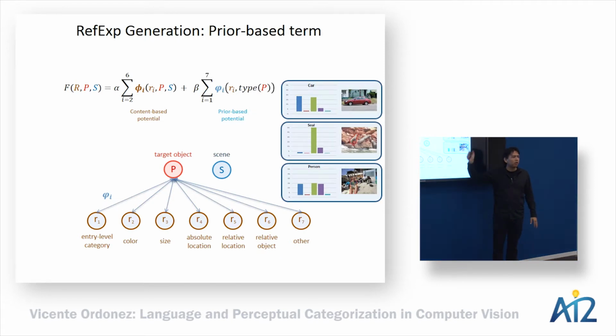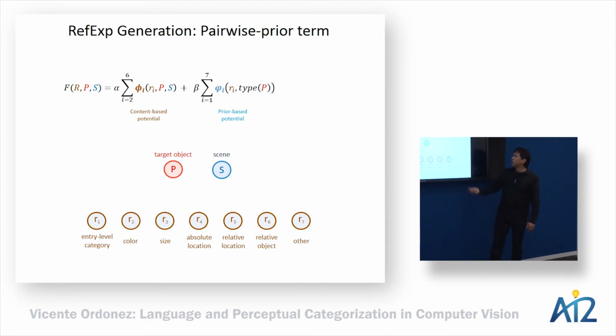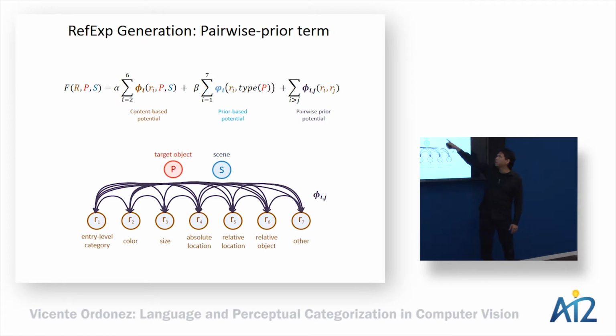So we try to model these distributions of how people mention different attributes for different types of objects using this potential. And the third potential is a prior potential that is based on pairwise interactions between attributes. In these models, if we already mentioned the color in the referring expression, how likely are we to mention the size, for instance? So this is what gets captured here.